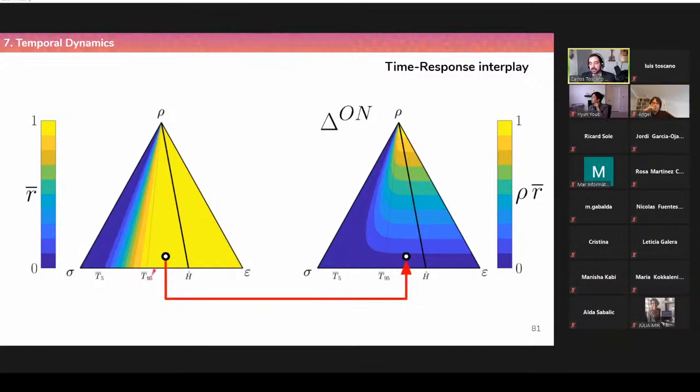But at the same time, the proportion of receptor cells that we expect in this part of the triangle is going to be very low. Actually, it's going to be less than 10% of the culture. So even if these cells are fully induced and have high fluorescence, maybe you are not able to sense that just because they are underrepresented in the population.